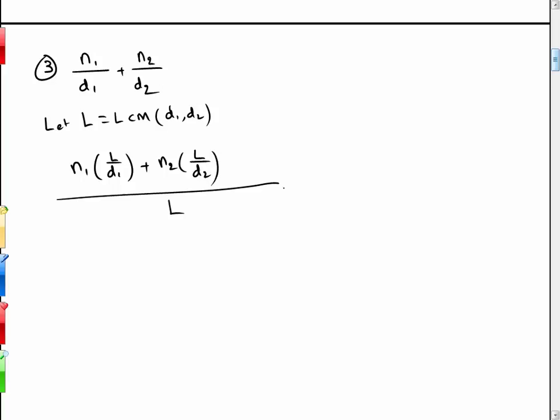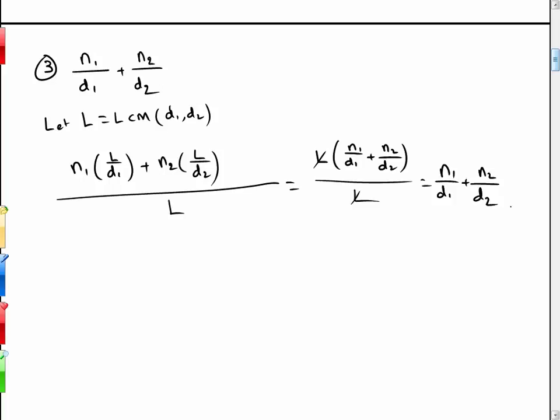Now as you can see, we can factor out an L out of the numerator, and if we do, we end up getting n1 over d1 plus n2 over d2 all over L, and surely the L's cancel, and this gives us n1 over d1 plus n2 over d2.